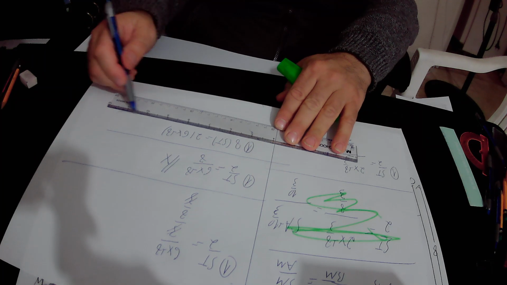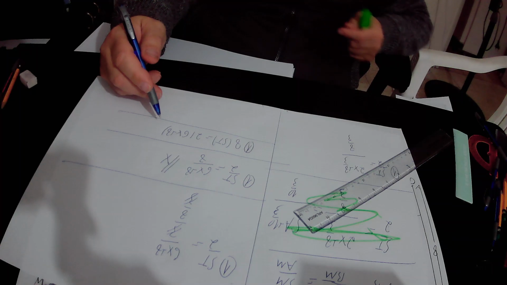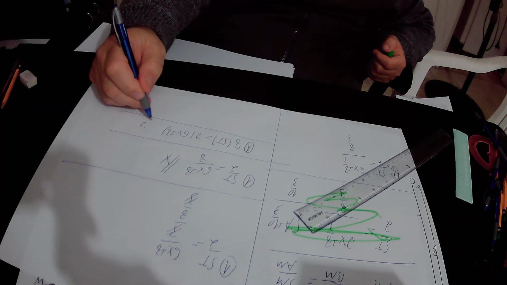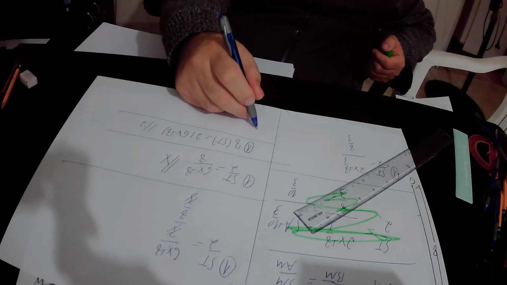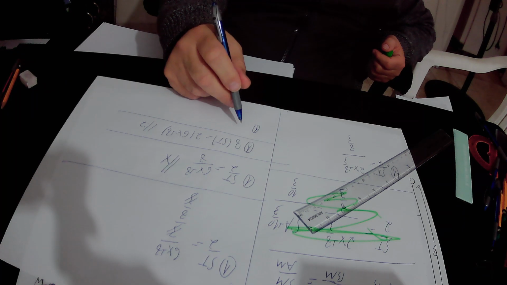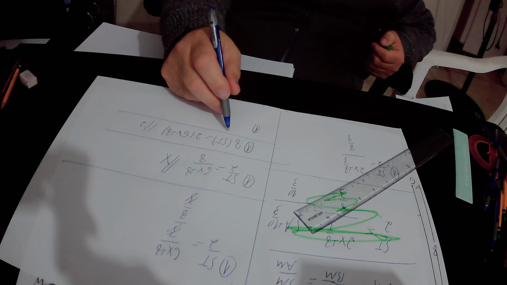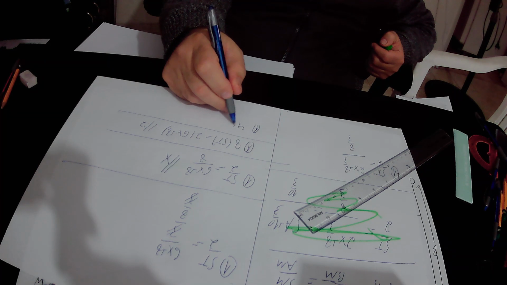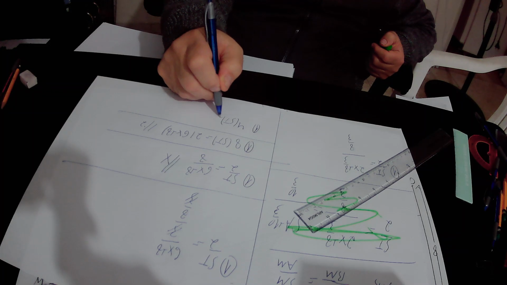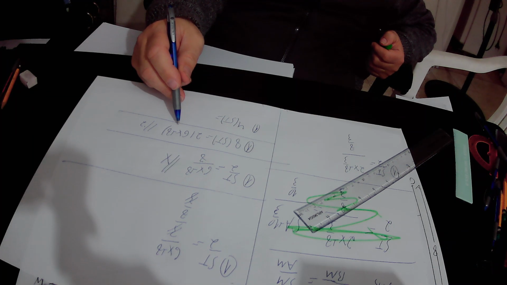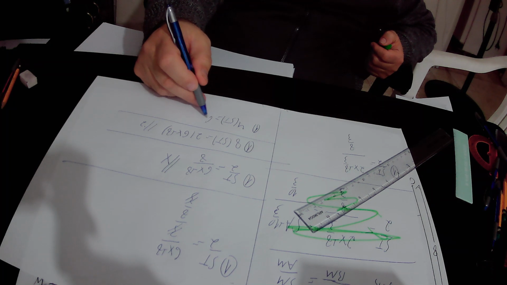Here we divide this equation by 2, and we get that 8 over 2 is 4, so on this side we have 4ST. 2 over 2 is 1, so on this side we leave 6x plus 8.